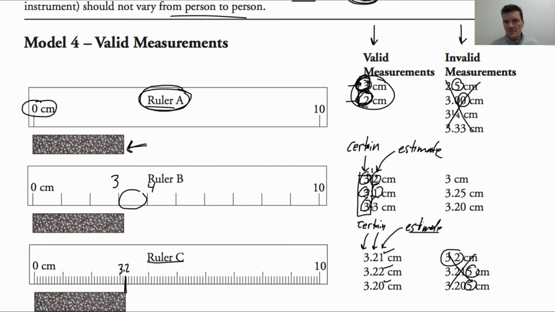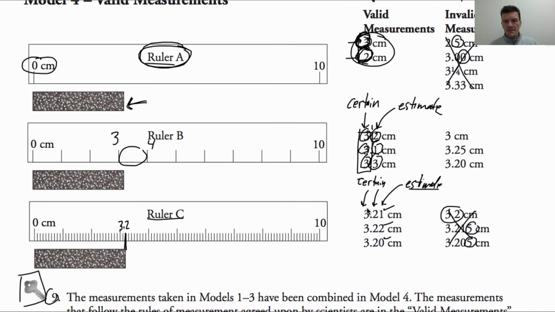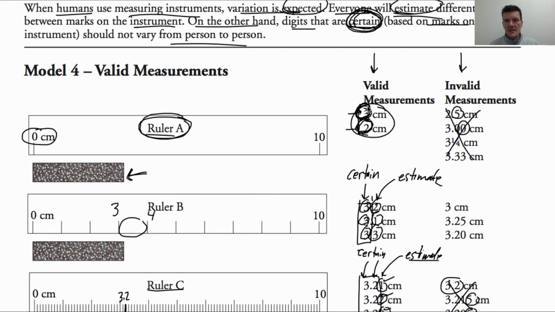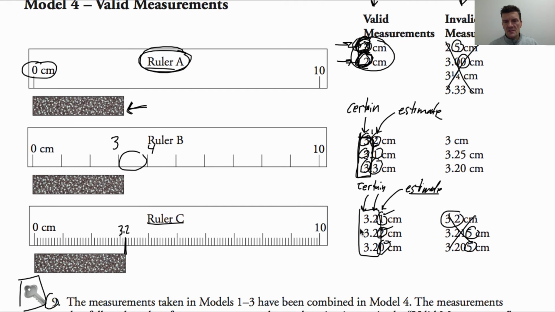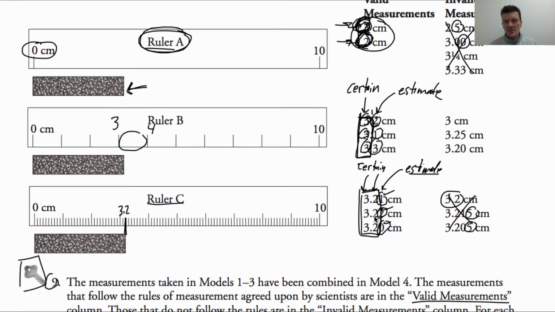These are estimated. Apologize for that. These are still estimated up here because we didn't have markings on the nearest unit. So a box around the certain ones, a circle around the estimated digits.